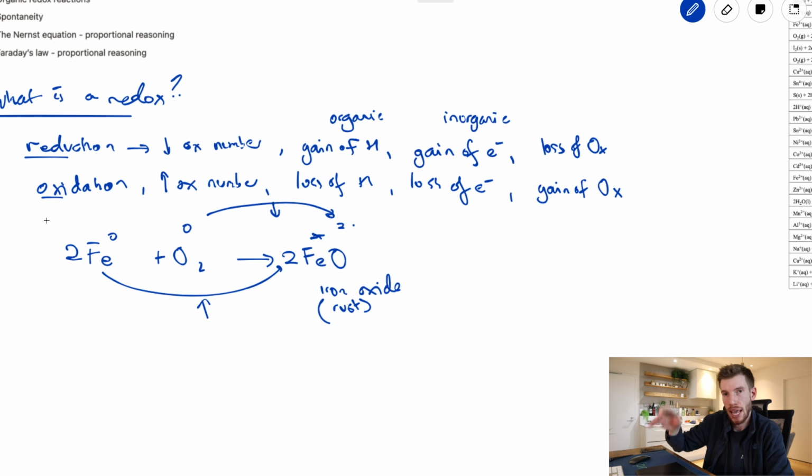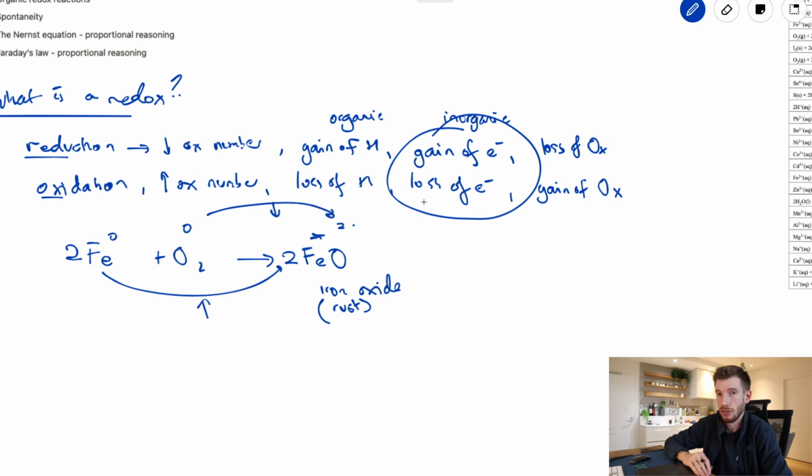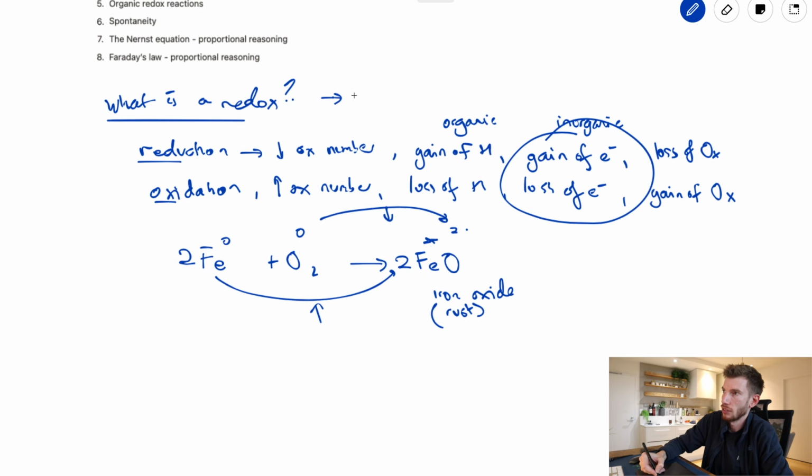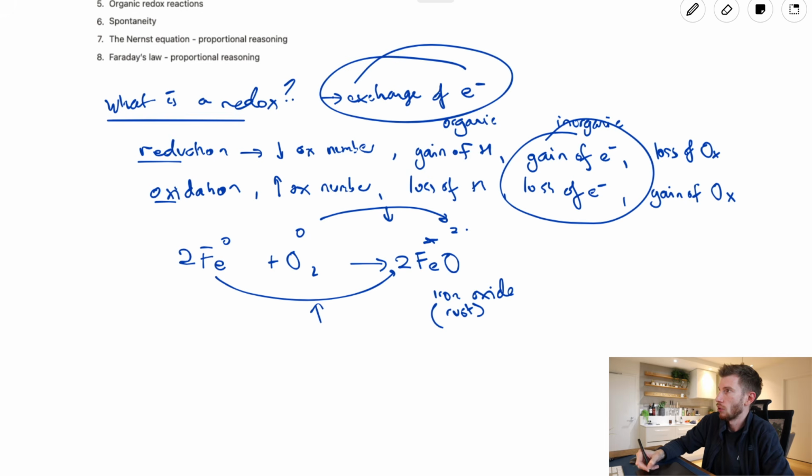And you can see there's that pair. One thing goes up, one thing goes down. Why is that? It's because there's a loss and gain of electrons. So really, if you want to think about what's happening in redox, you've just got an exchange of electrons between the two parts. That's the key thing. And this is going to cause those changes in oxidation state.